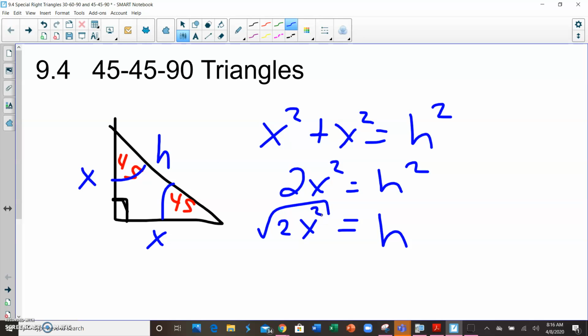You could memorize that formula, or you could just use x squared plus x squared equals h squared. I'm going to use this with the 45, 45, 90 triangles. You could also simplify this further: the square root of x squared is x, so it's the square root of 2 times x. But we will talk about the shortcuts later on Tuesday. For right now, we're going to go to a couple of examples.